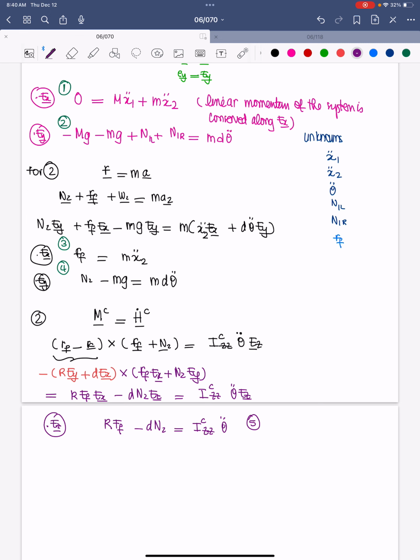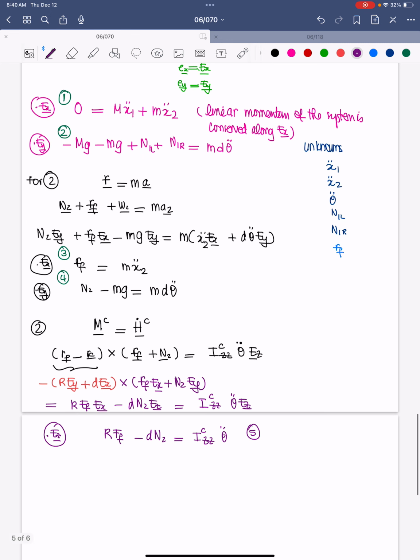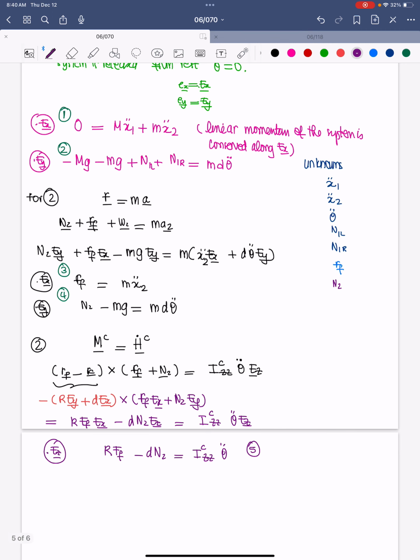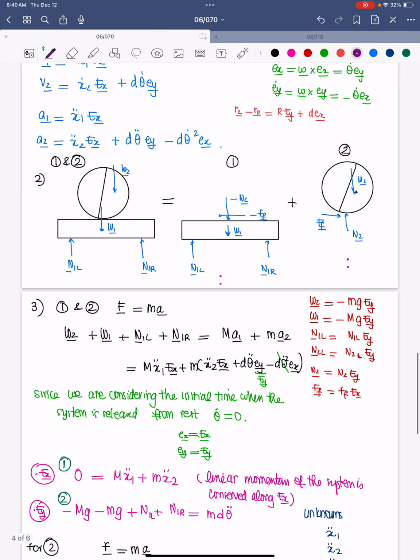We did introduce N2, which is an unknown. Okay, fifth equation, but now we have 7 unknowns. So I think we're going to end up needing to do the balance of angular momentum about the cart.